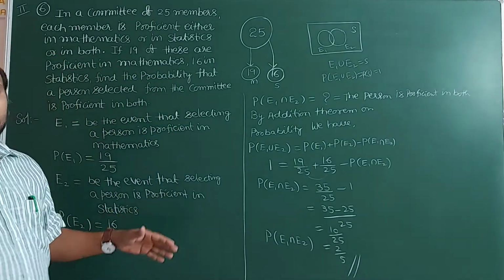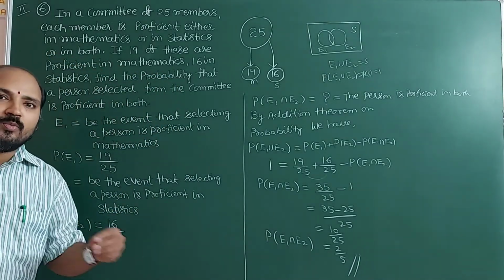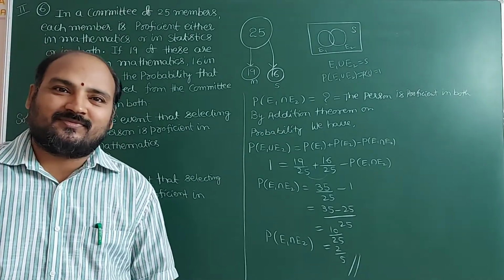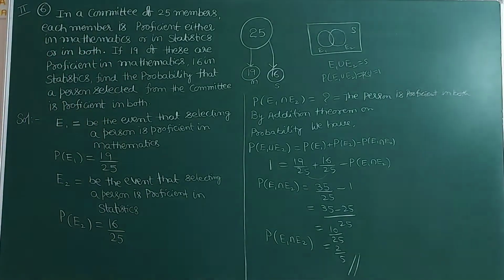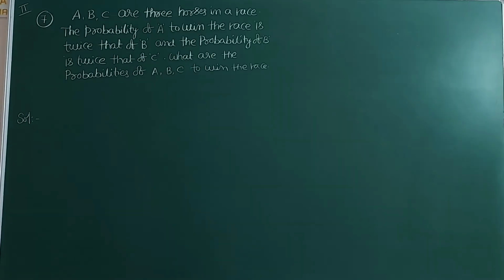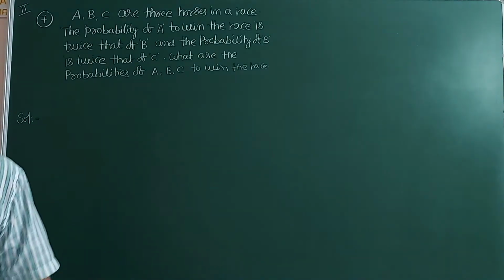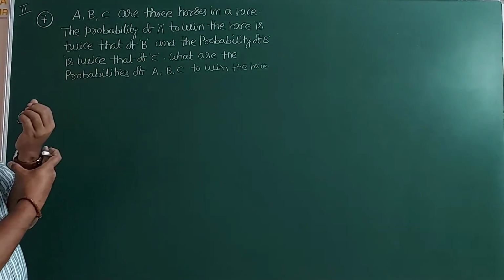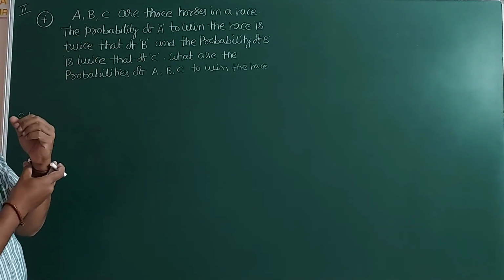I hope everyone is able to understand this, students. We will move on to the next question. Yeah, the next question, dear students. A, B, C are 3 horses in a race.